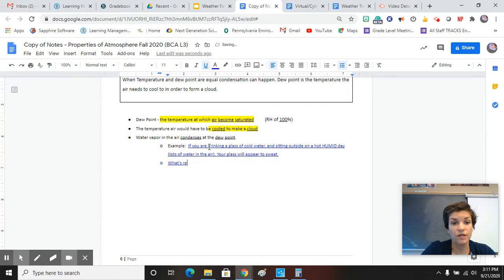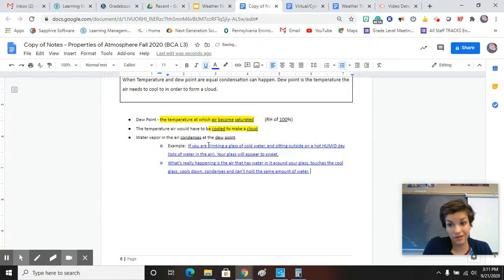What's really happening is the air that has water in it around your glass touches the cool glass, cools down, condenses, and can't hold the same amount of water.